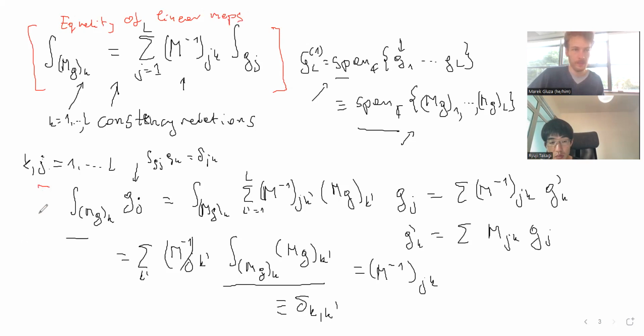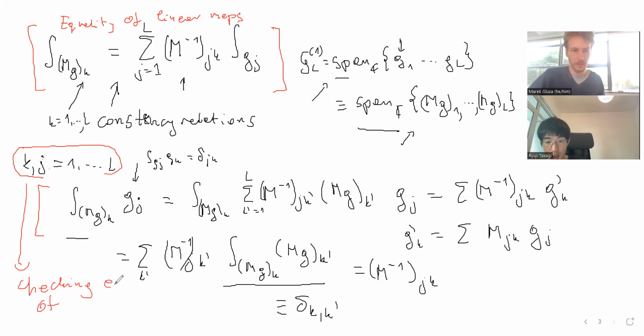And this is checking the equality on a basis. Yeah. So then by linearity, we see that those maps have to be equal. So that would be our conclusion here.